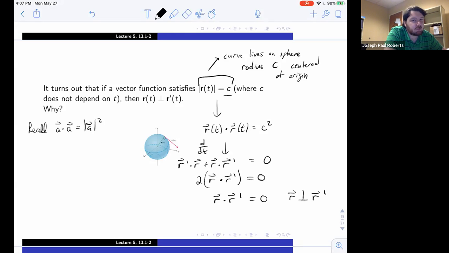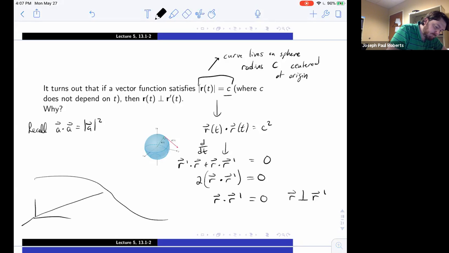So that's not actually, that won't be true in general. I'll draw you a picture in a second. Something like that: if your curve doesn't live on a sphere, then this angle could be whatever it wants to be.